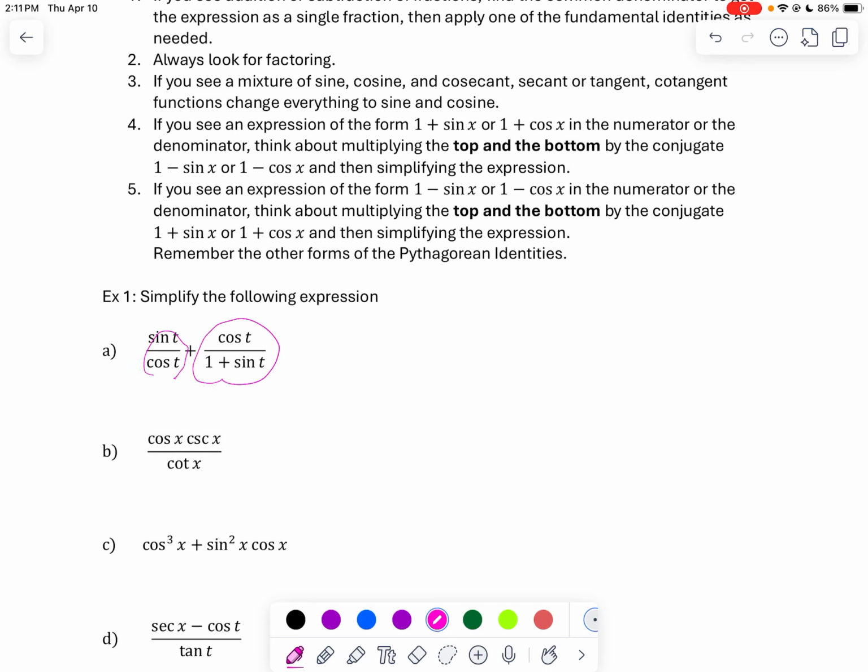Well, we can write it as tangent t, but how will that help? So what we should do is take the common denominator. What is the common denominator? It will be cosine of t times 1 plus sine of t.